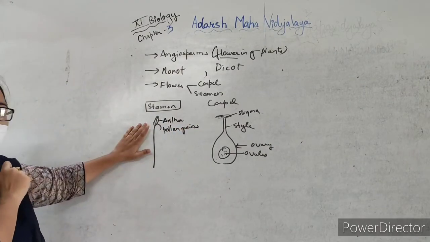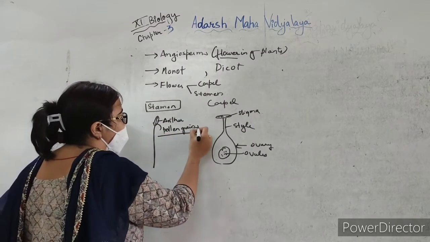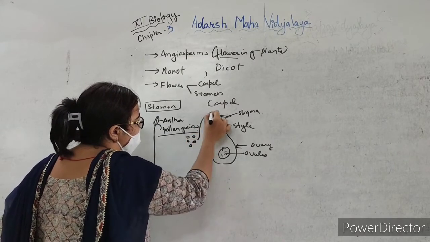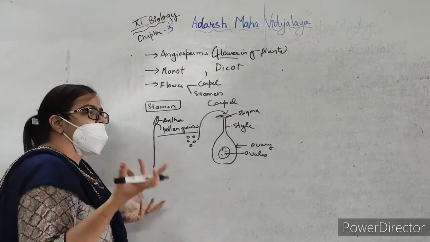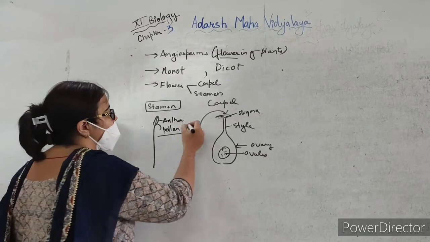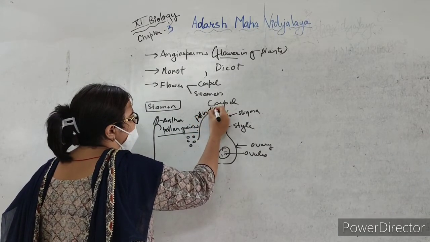When the anther matures in the stamen, it will produce pollen grains, and with the help of pollination, these pollen grains will reach the stigma of the female flower, or if the flower is bisexual, it will reach the same flower. So this method is pollination.